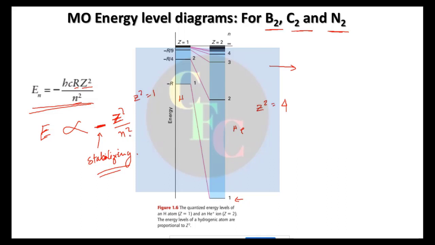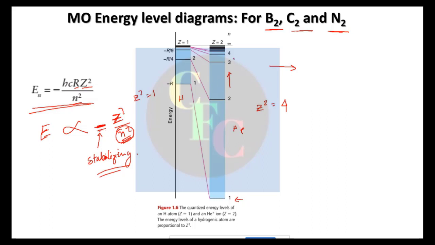One more point: as n is increasing, the difference is decreasing, as opposed to the case of particle in a box. It is reversed because there is a negative sign.